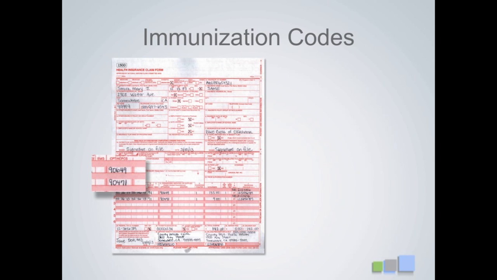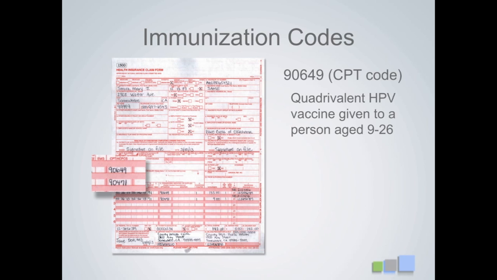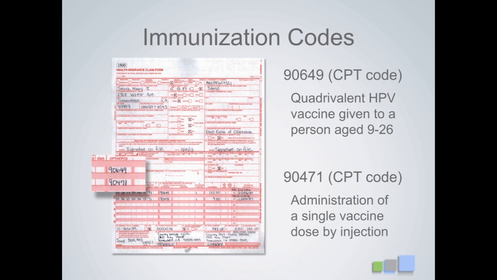For Mary's HPV vaccination, the CPT code is 90649 for the quadrivalent HPV vaccine Gardasil, given to a person aged 9 to 26. Remember that immunizations need 2 CPT codes. The second CPT code specifies the route of administration. Here, 90471 indicates Mary's administration of a single vaccine dose by injection.